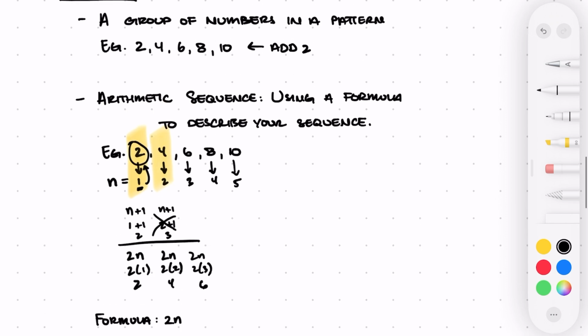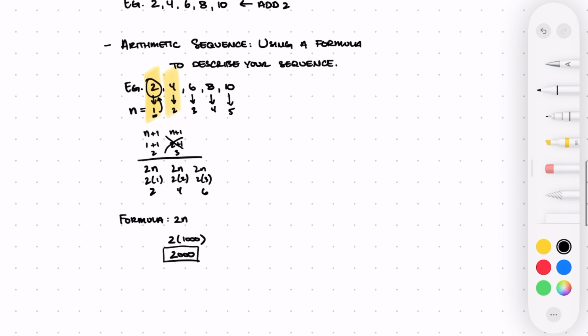So now let's add one more piece to this below, and that would be, what is the n?